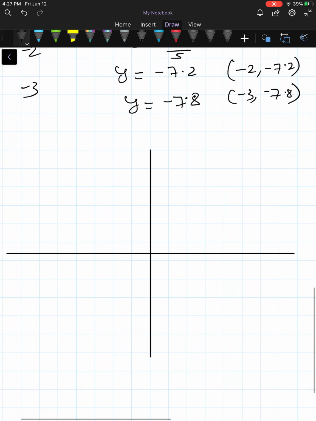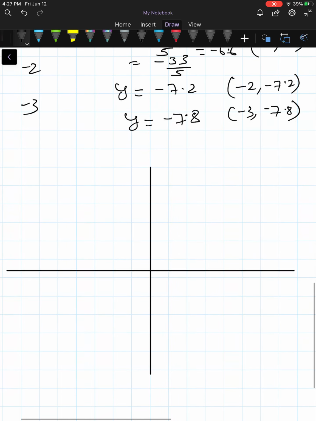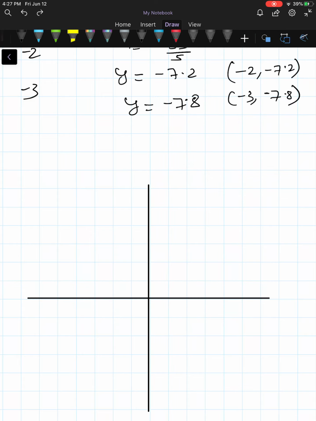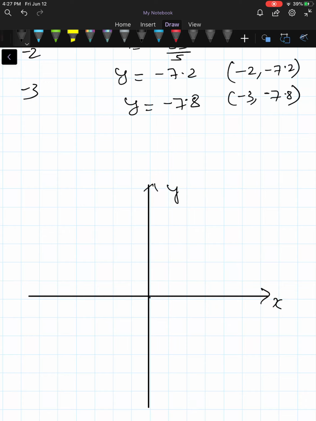Okay, x and y axis. I'll draw a better one. Okay, here is my x and y axis. So now this is x, this is y, this is 0. What are all the values that we considered? 1, 2, 3 on the positive side, -1, -2, -3, -4, and this goes on up to -infinity.